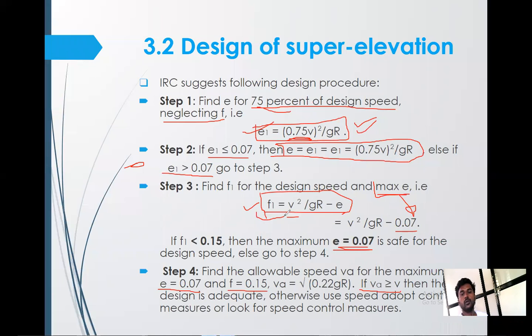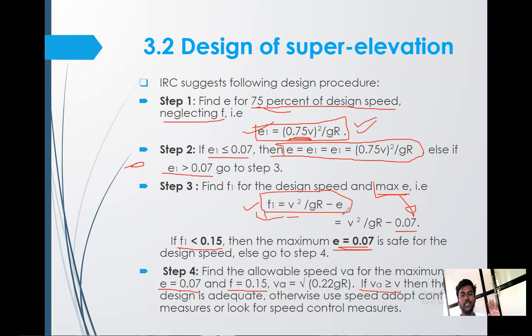By this formula, whatever frictional factor we get, if it is less than 0.15, then it is also okay. Then we'll take that F and E as 0.07. We'll stop here only.